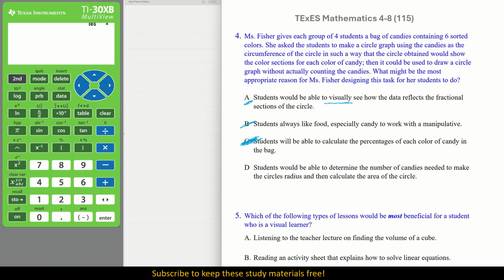Okay, let's see D. Students would be able to determine the number of candies needed to make the circle's radius and then calculate the area of the circle. That is not at all what's being described there. So I disagree with that because it said circumference particularly. So that counts out D. That just doesn't make sense. So looks like A is going to be our best answer.